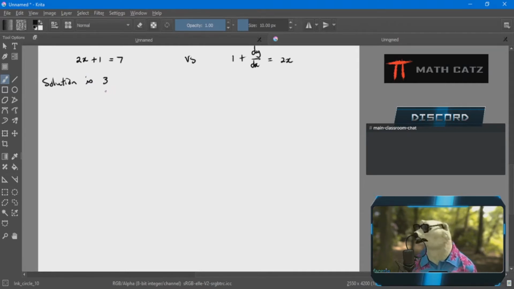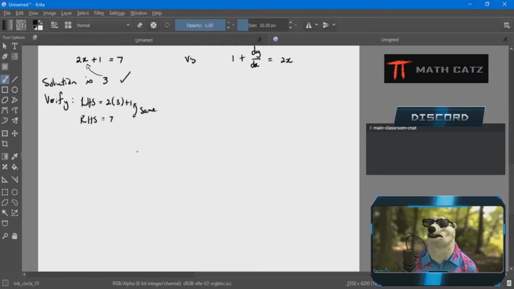How do I verify that that is, in fact, a solution? I'm going to calculate the left-hand side by plugging it in to x. And I'll get 2 times 3 plus 1. And then I'm going to evaluate the right-hand side. And if these two are the same, then yes, it is a solution.